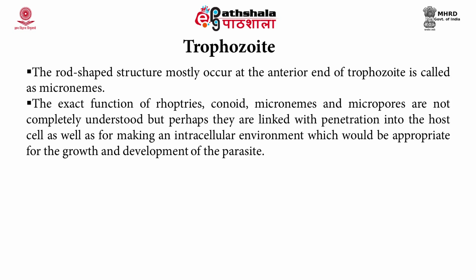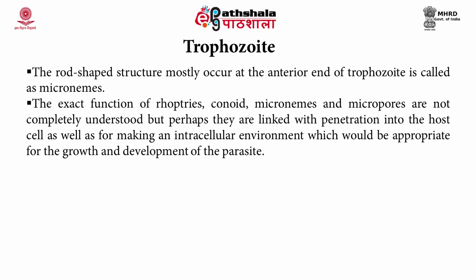The exact functions of rhoptries, conoid, micronemes and micropores are not completely understood, but perhaps they are linked with penetration into the host cell as well as with making an intracellular environment appropriate for the growth and development of the parasite.